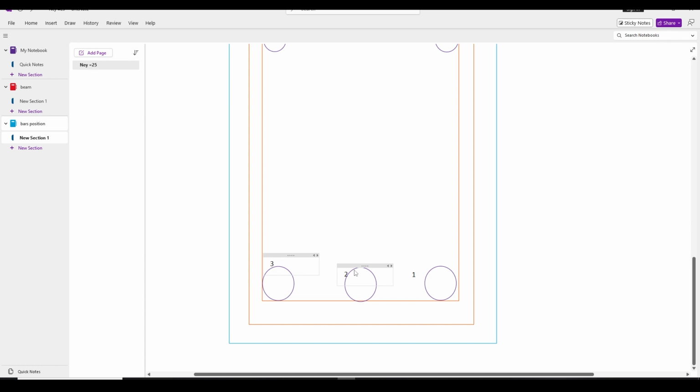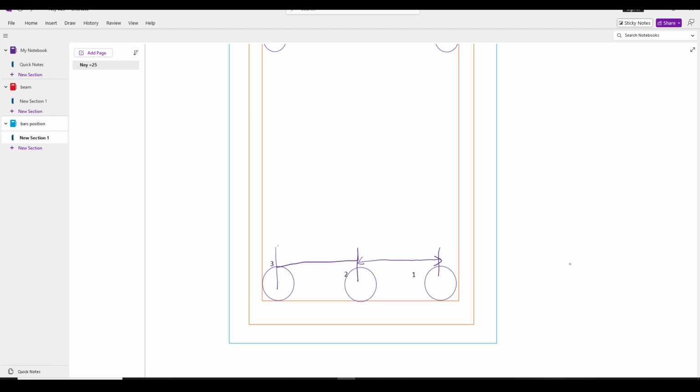Now for the middle bar, bar number 2, we need to find first the distance from here to here, and similarly from here to here. If we get this value, then we will add it to the 25 we already have. So we need to find the distance between these two bars.